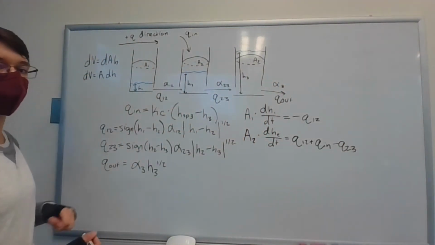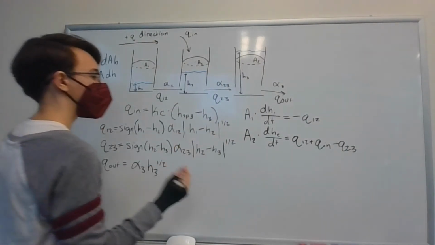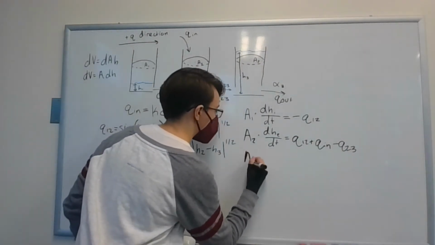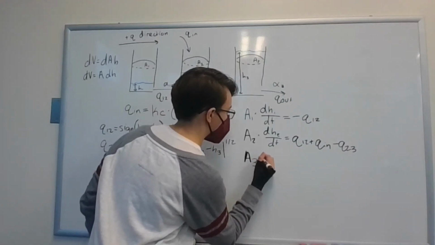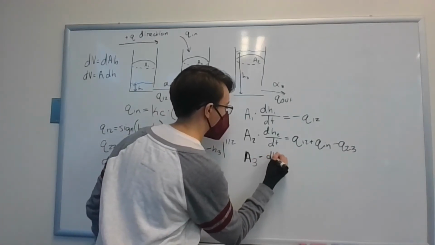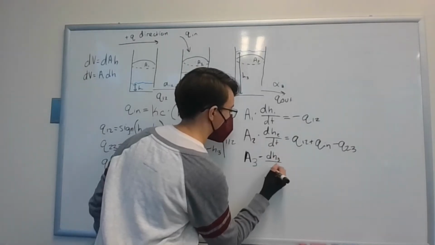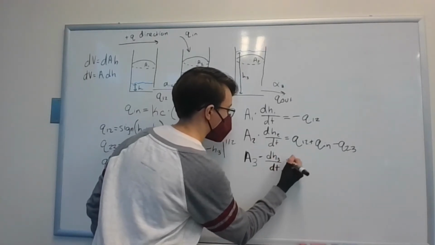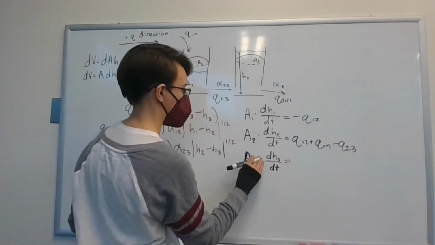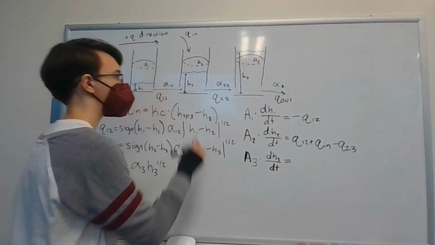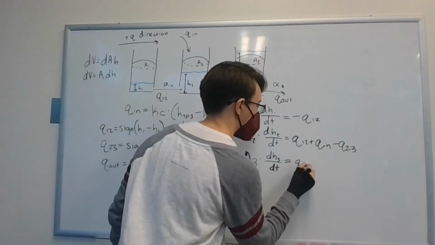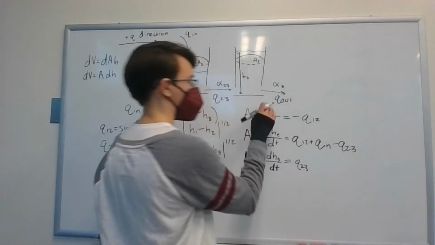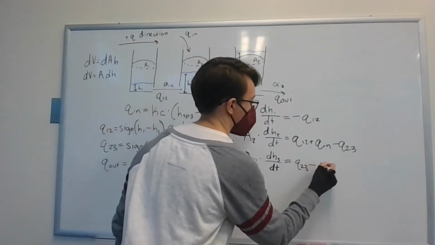Alright, so now we just have to deal with tank 3. We'll have the area of tank 3 times the change in height of tank 3 over the change in time is equal to, alright, we've got Q23 going in, and then we've got Q out going out.